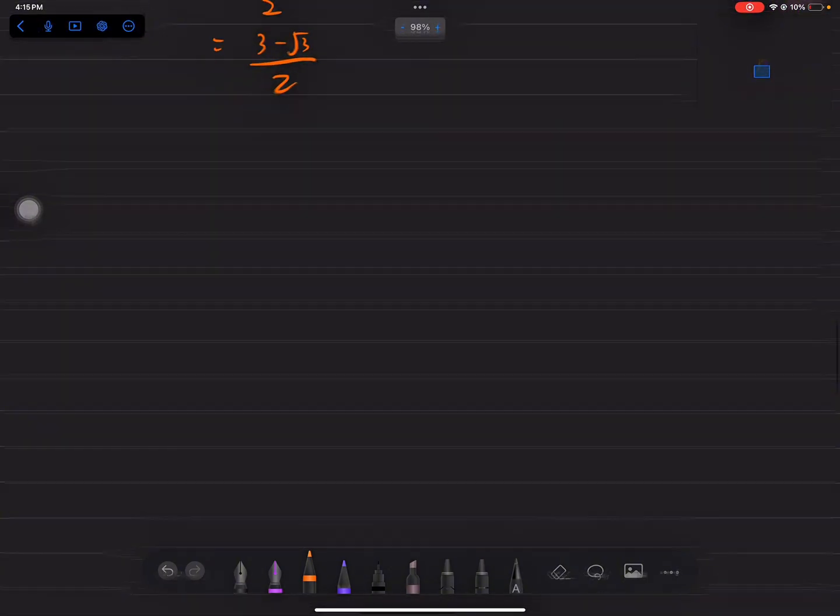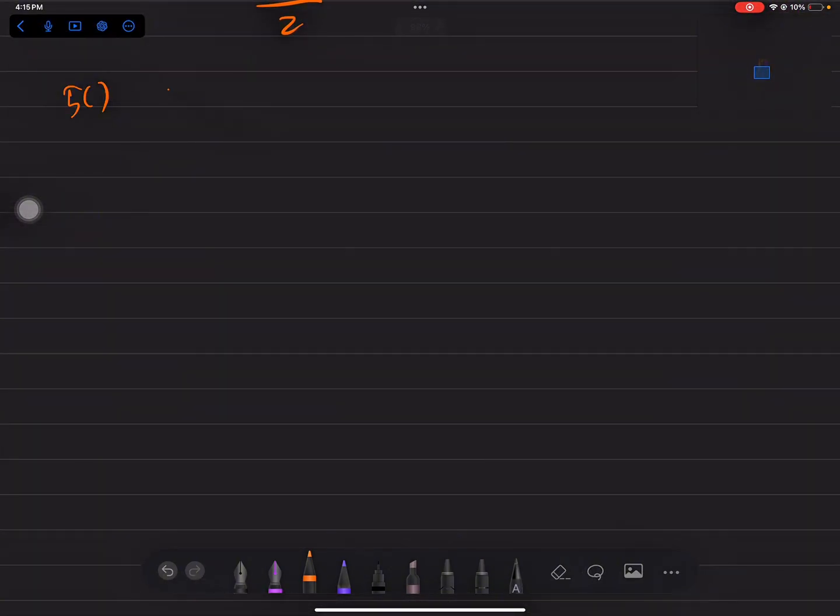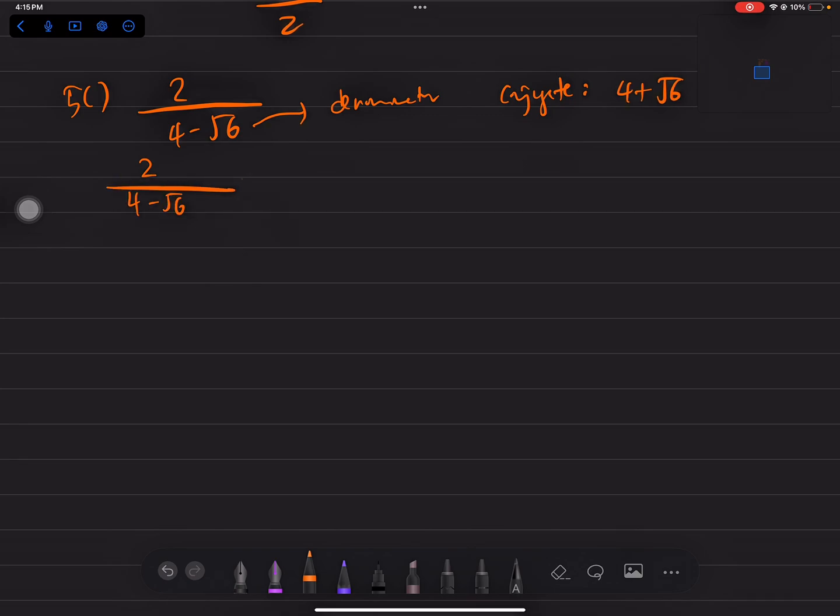Next, 5c: 2 over 4 minus root 6. Again, this is the denominator. The conjugate of the denominator is 4 plus root 6. So 2 over 4 minus root 6 times 4 plus root 6 over 4 plus root 6. Okay, for the numerator, 2 multiplied by 4 plus root 6, we will just expand, which becomes 8 plus 2 root 6.